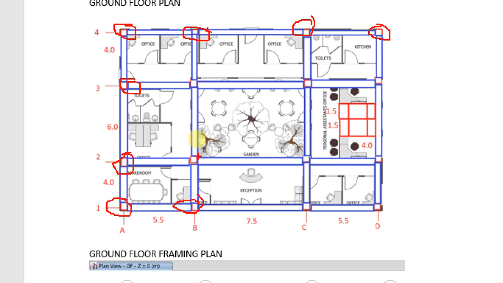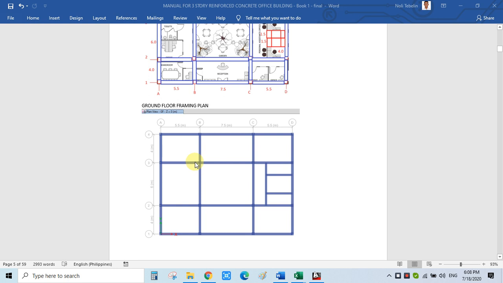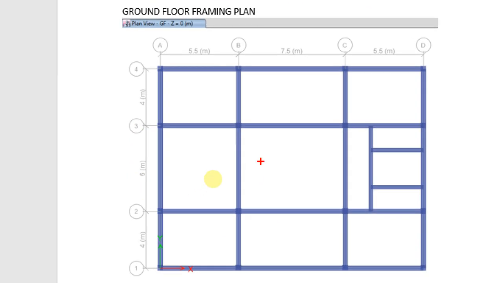Okay, so this is a basic framing system. So, this is a regular building. Ito yung mga column ko. Then, interconnected siya ng beams. Okay.